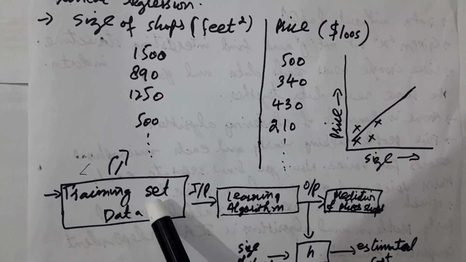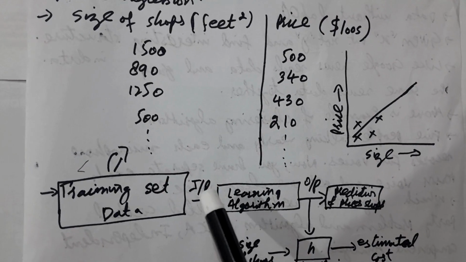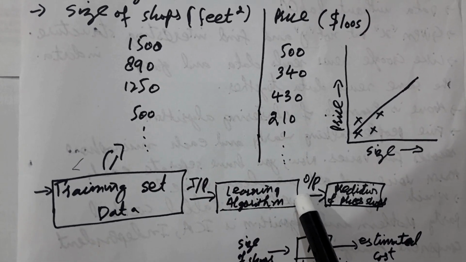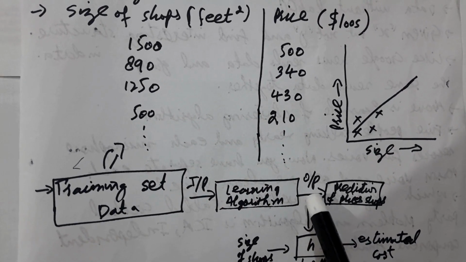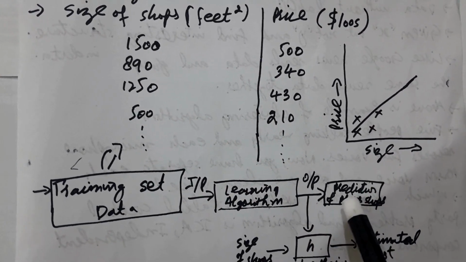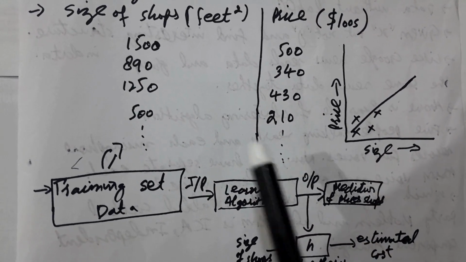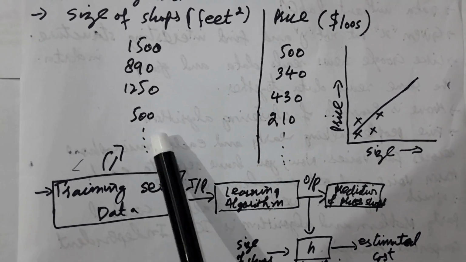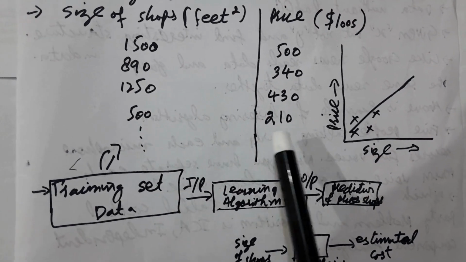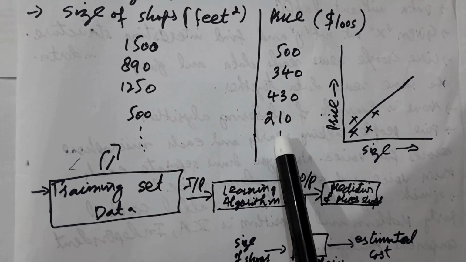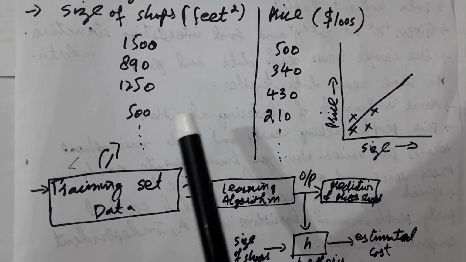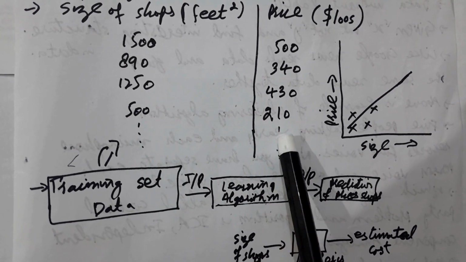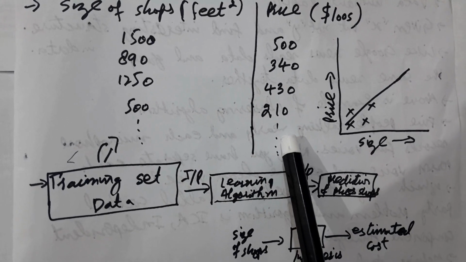So training data is the input of some learning algorithm, and in output we get the prediction of the task. For example, if the size is provided here as 700, now we want to find the cost or price of the shop. So that x is provided and we want to find the price.